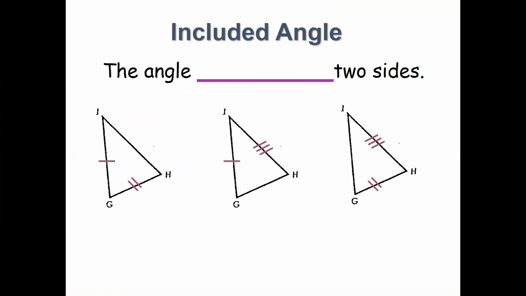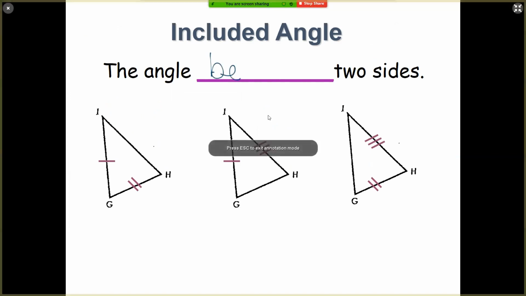Now we're going to move on to included angles. The angle is going to have to be between 2 sides that we know information about. So when I look at this first triangle here on the left, the angle that's included is this angle right here because it's between this side and this side.